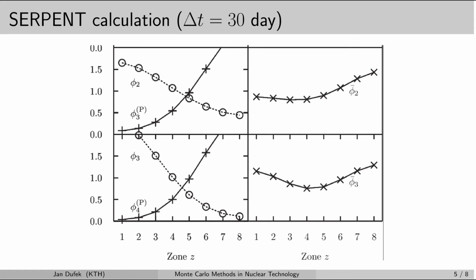The neutron flux basically does not oscillate very much. However, it is not correct, and it remains at its shape over a number of time steps. So eventually the errors in the fuel depletion grow over the time steps.